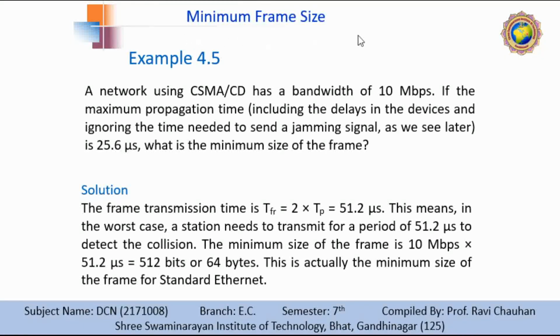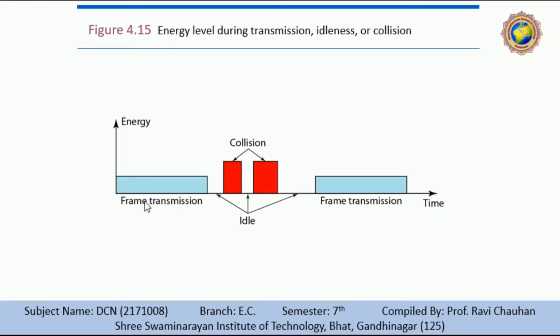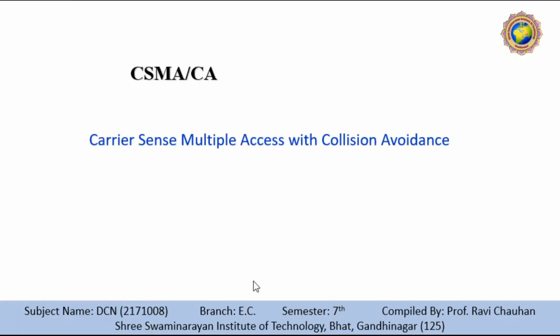We have discussed a minimum frame size. A particular procedure for our CSMA CD with a flowchart has been discussed. A three-stage transmission, idleness and collision were discussed in CSMA CD. Lastly, we have discussed carrier sense multiple access with collision avoidance.